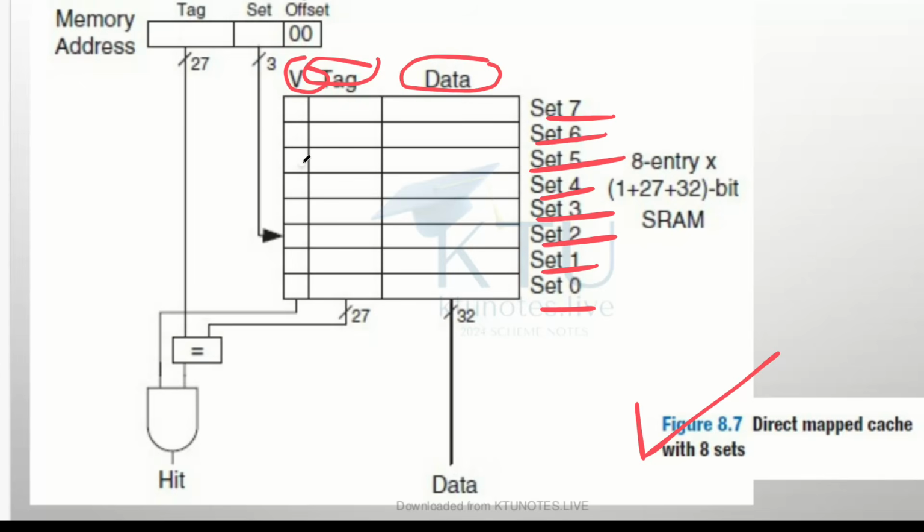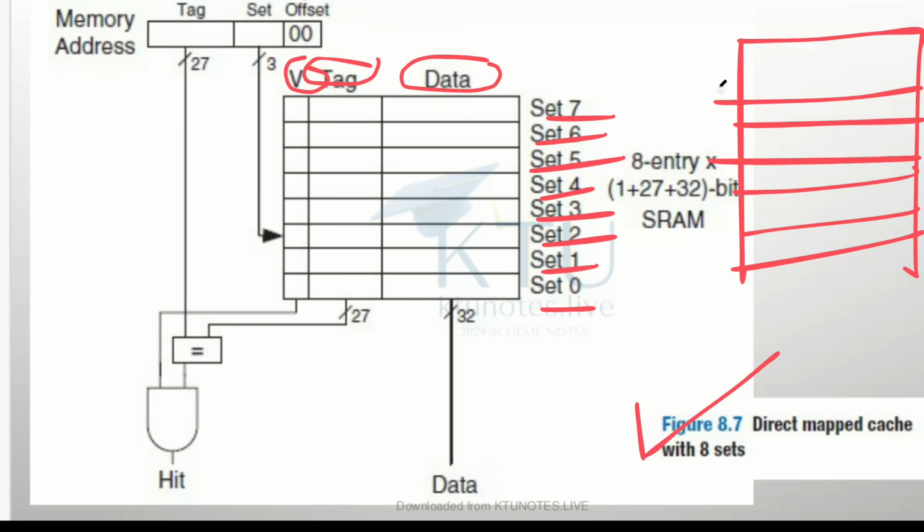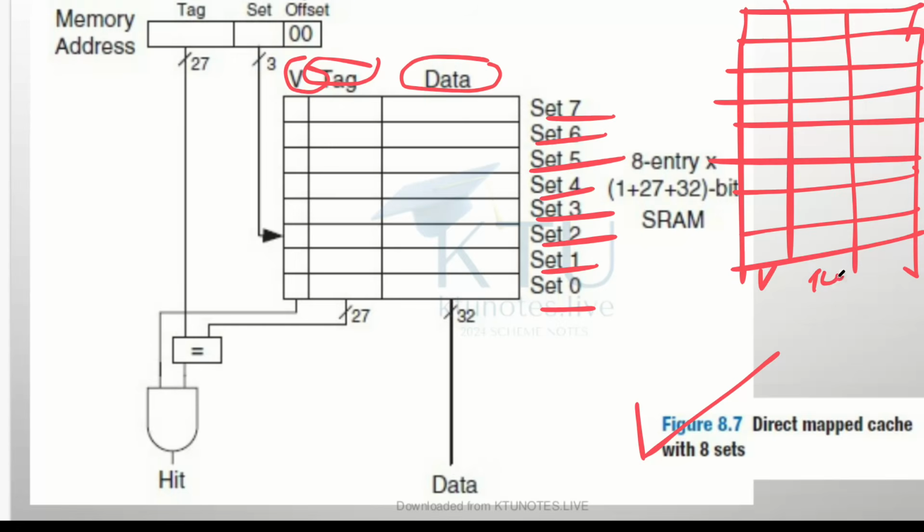So when you represent the cache of 8 sets, you first divide it into 8 blocks. Then there is one part which denotes the valid bit, another for the tag, and the other for the data. This much we have understood.